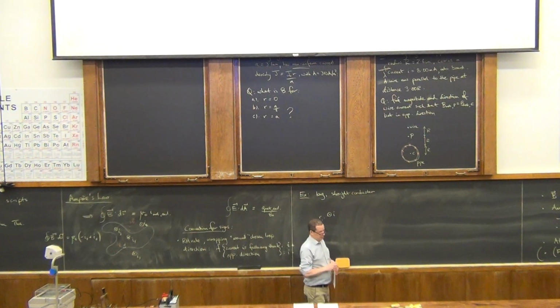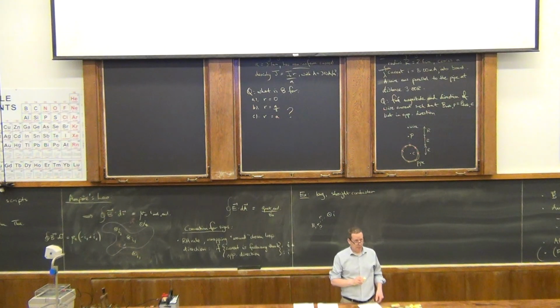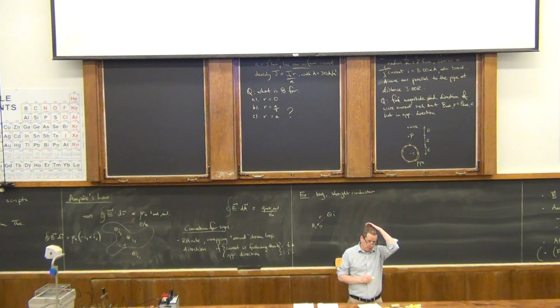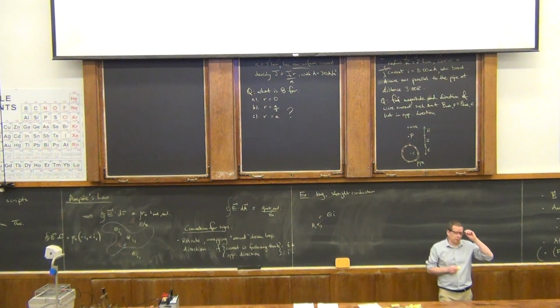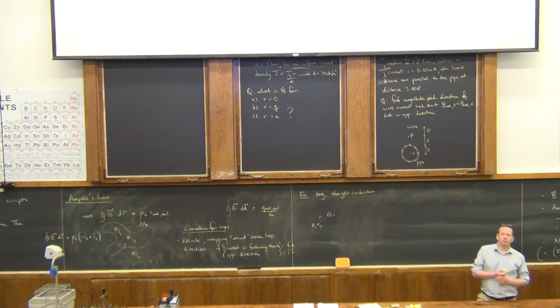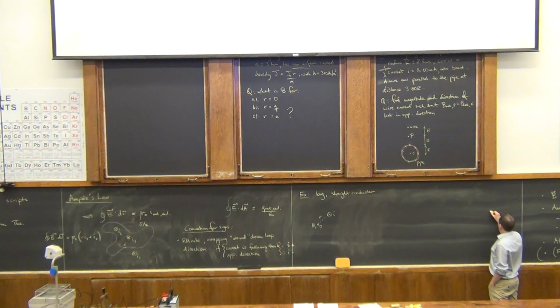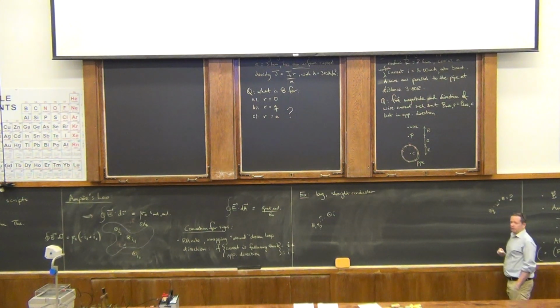Okay, so we've done this by integration on Thursday. I'm not going to tell you what the answer is until we do it by Ampere's law. So how did we, with Gauss's law, based on symmetry considerations, set up a Gaussian surface to figure out the electric field a distance r away from that charge?